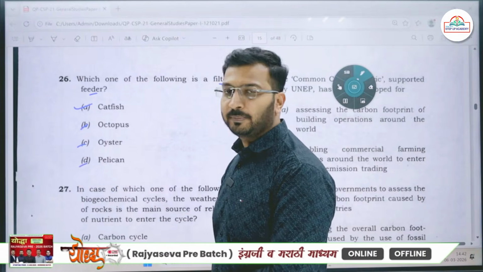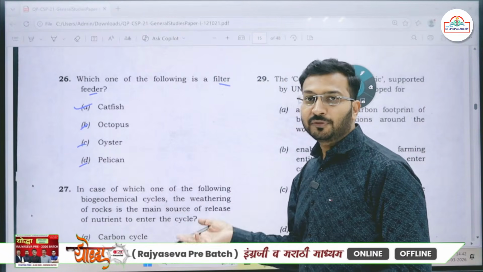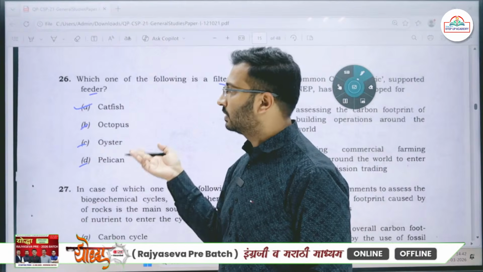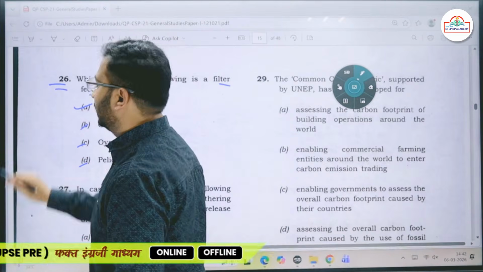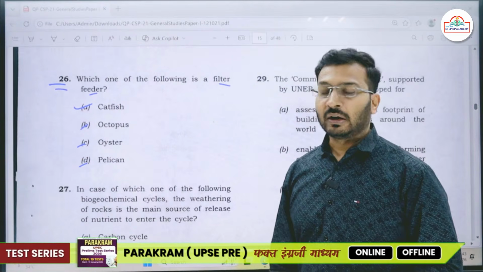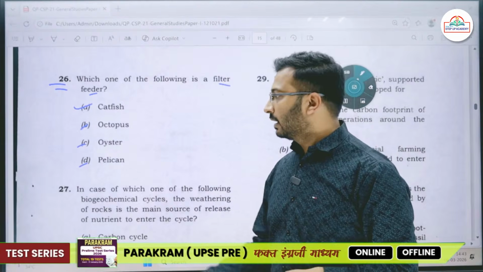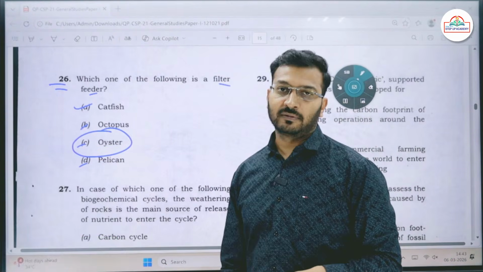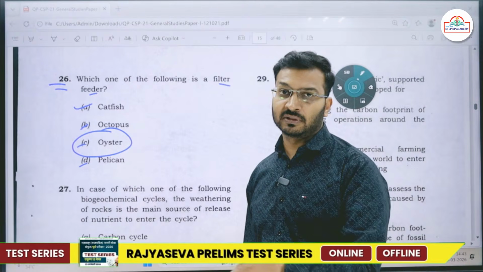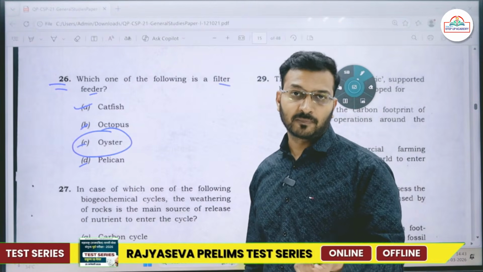Oyster, pelican. Okay, so which among them? If you are aware of this, then only you can solve it, or else keep it in mark and review. Now I applied the logic that we have oyster shells, and from these we get pearls in natural form.